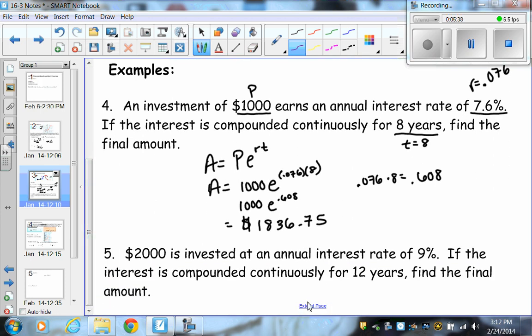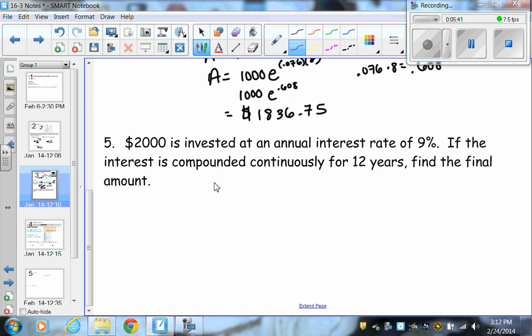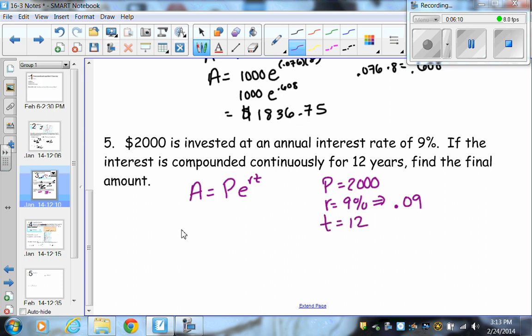Let's try another one. We have $2,000 is invested at an annual interest rate of 9%. If the interest is compounded continuously for 12 years, find the final amount. So again, we have A equals P e to the rt, which you'll hear me say Pert. So we see that P is 2,000, r is 9%, but as a decimal, that's 0.09, and t is 12.